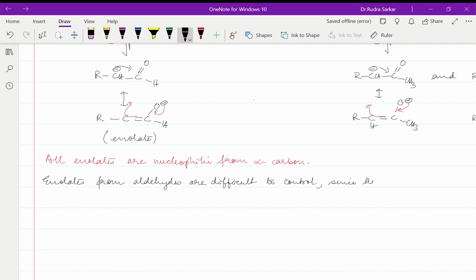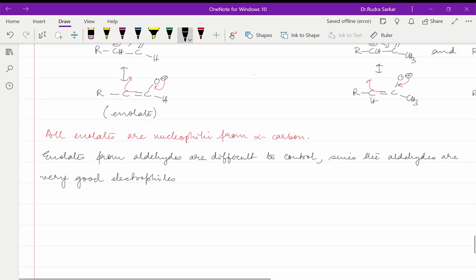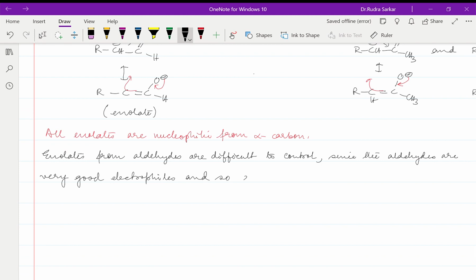Since the aldehydes are very good electrophiles, that means they are more reactive than the ketones at the carbonyl carbon, and so a dimerization reaction often occurs, and this is also known as self-aldol condensation.